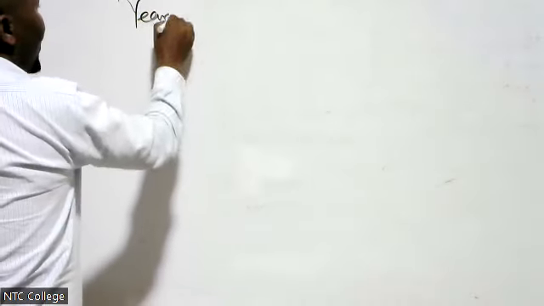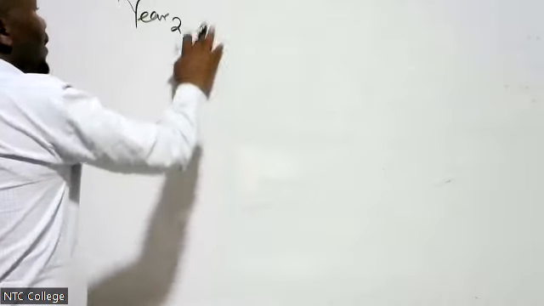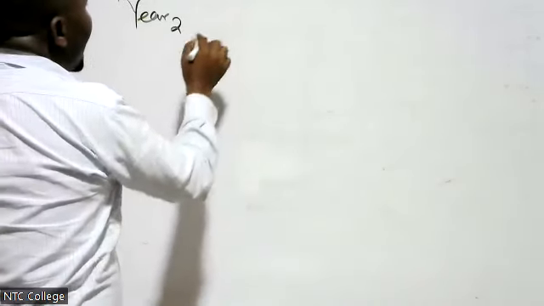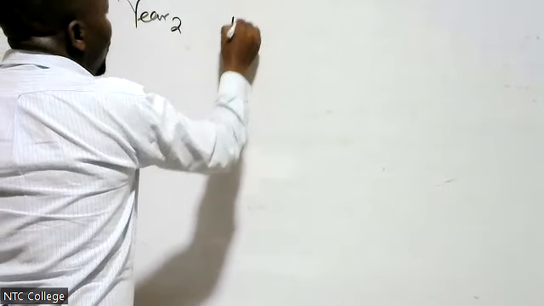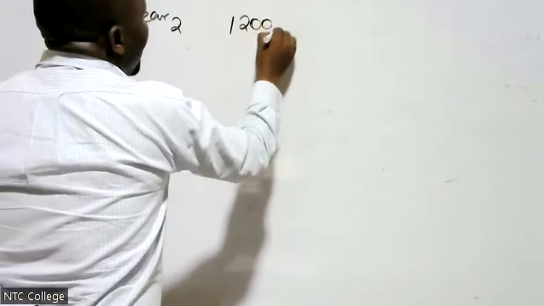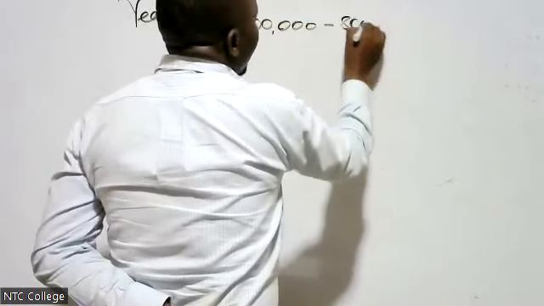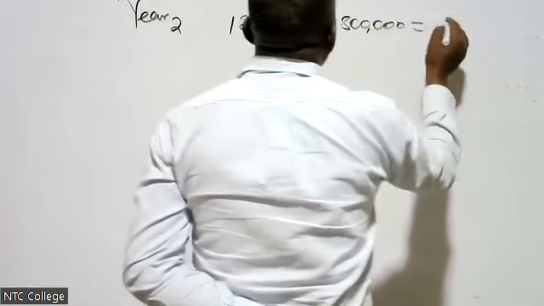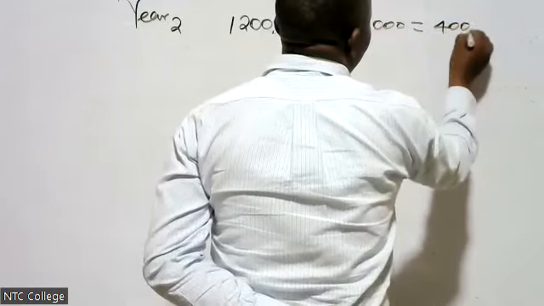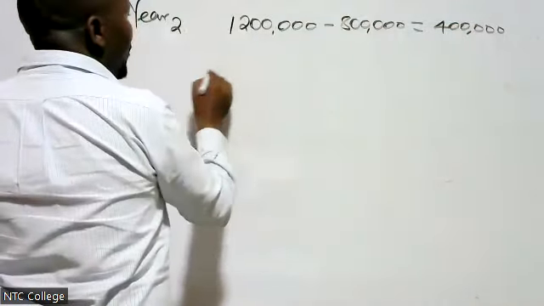Slowly, okay. In year two, we have an increase of 600. So we're going to have total of 1200,000 minus 800,000, which is equal to 400,000. So therefore, our cash flow for year two will be 400,000.